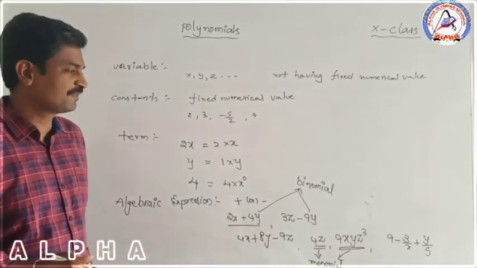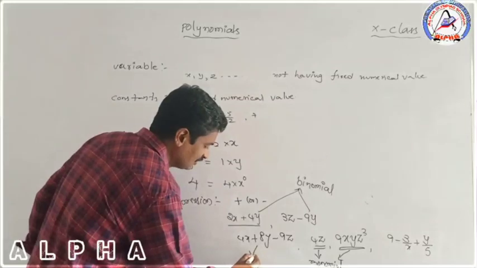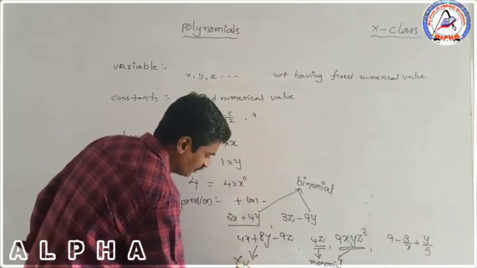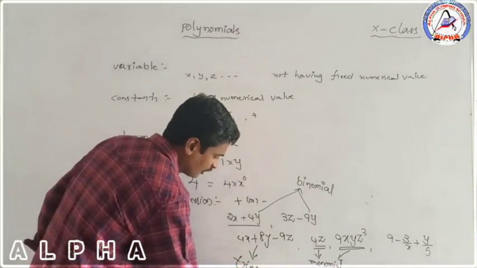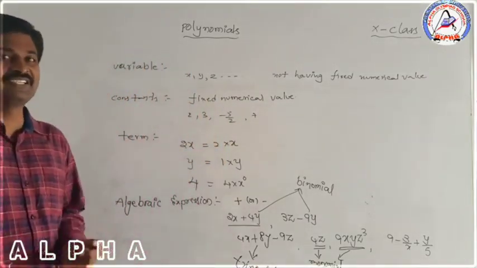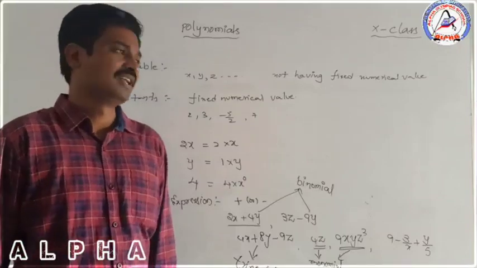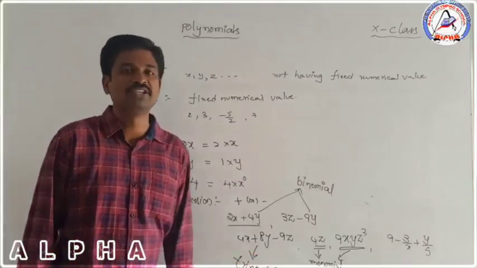If an algebraic expression contains three terms, that is called a trinomial expression. If an algebraic expression contains more than three terms, then that is called a multinomial.